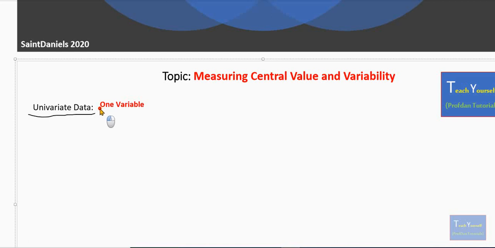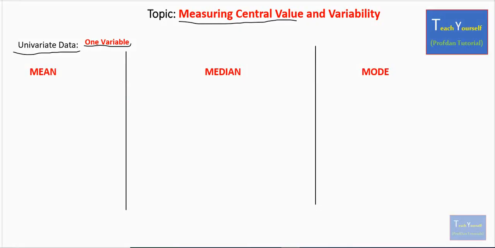It is data with just one variable, and when we say measuring central values, there are key terms that can be used to describe this variable or to describe this data, and that is what we are looking at today.